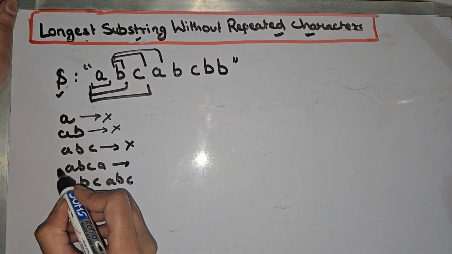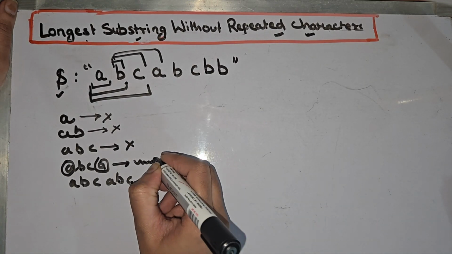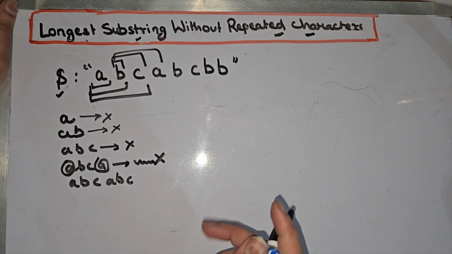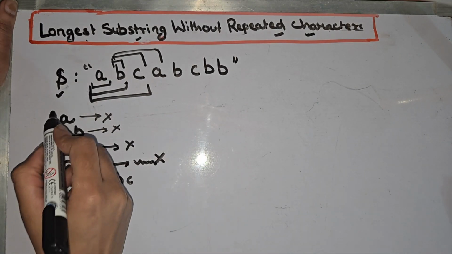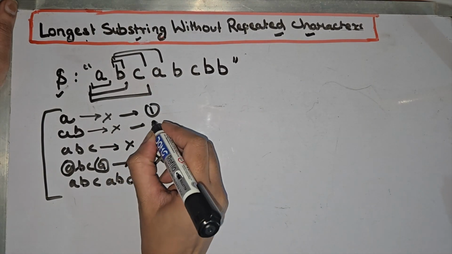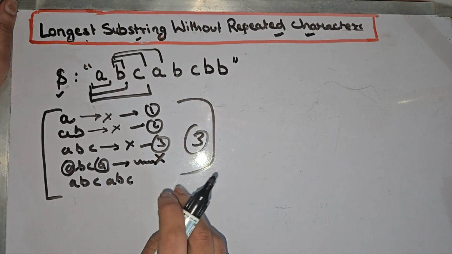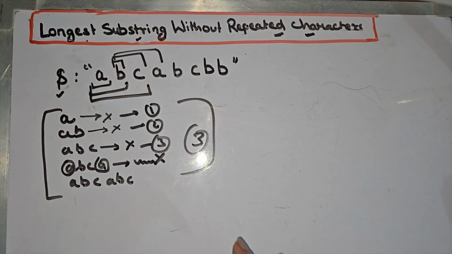This is a substring, but we have A as a repeated character. So this we need to ignore, and we need the longest such substring. For example, this length is 1, this length is 2 and this is 3. So 3 is longest till now. Like this we have to find the longest substring.